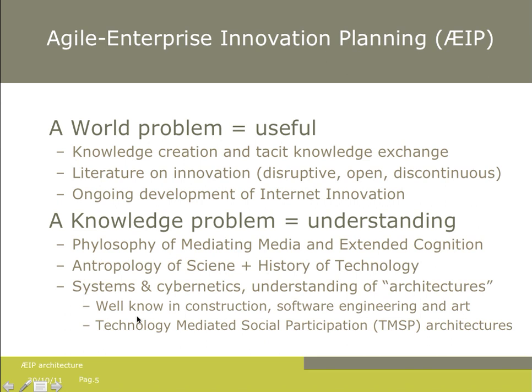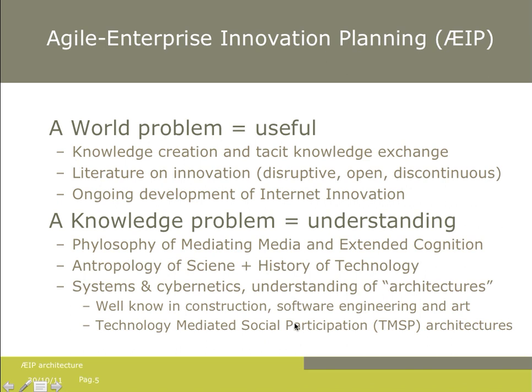The other part that is very relevant to us is systems and cybernetics, which is basically our research. What we like most in there is that it tries to create an understanding of architectures, particularly thinking about a book from Herbert Simon with the nice title "The Sciences of the Artificial." So what you try to understand is what those control systems actually allow us to do.